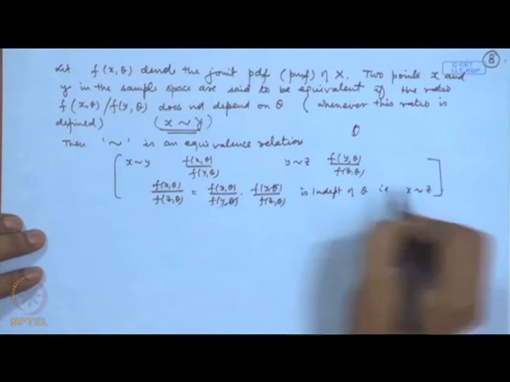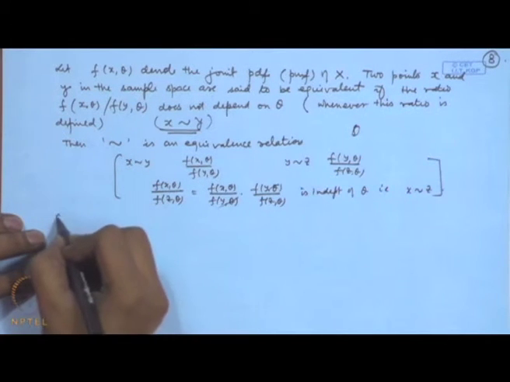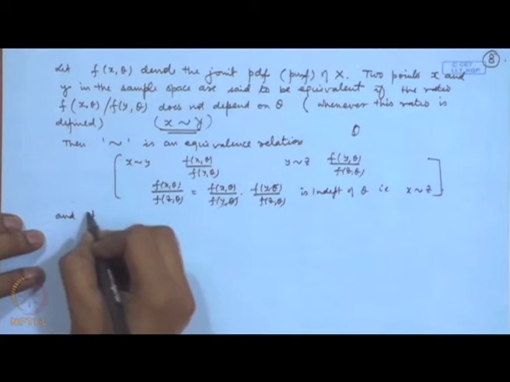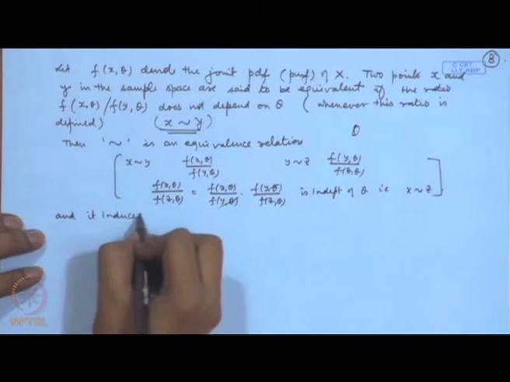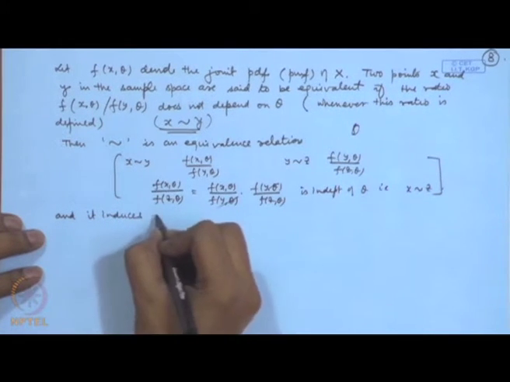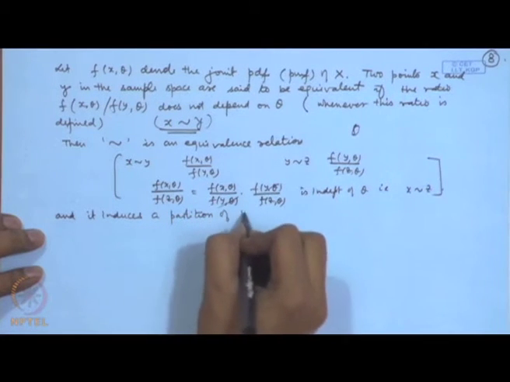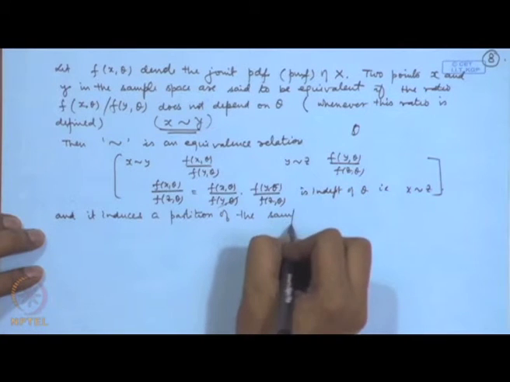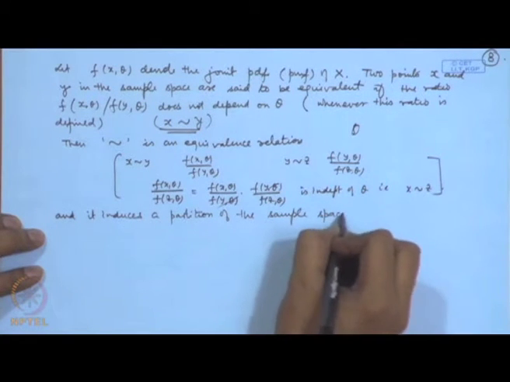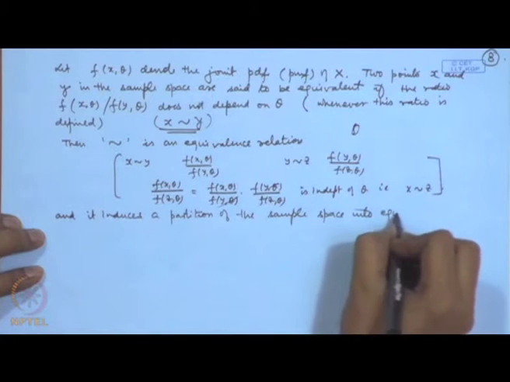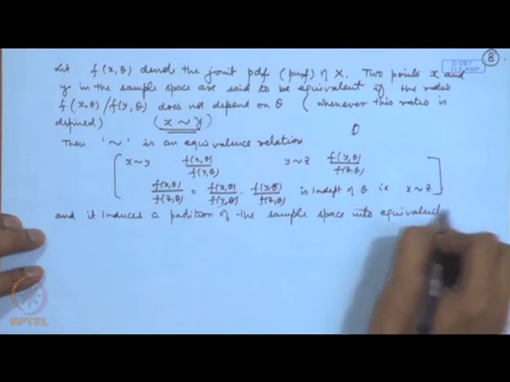So, this is an equivalence relation and it induces a partition of the sample space into equivalent sets.